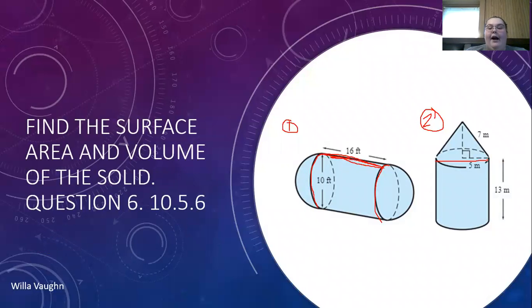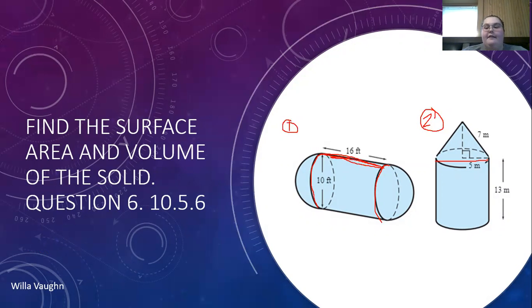We're going to do pi (5 m) squared plus pi (5 m)(7 m) plus 2 pi (5 meters)(13 meters), and that's going to approximately equal 597 meters squared.